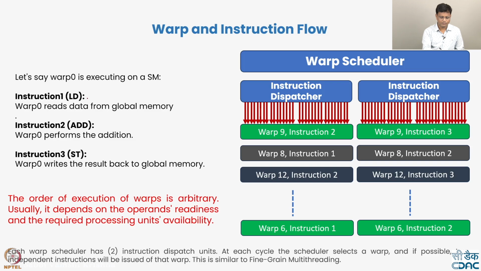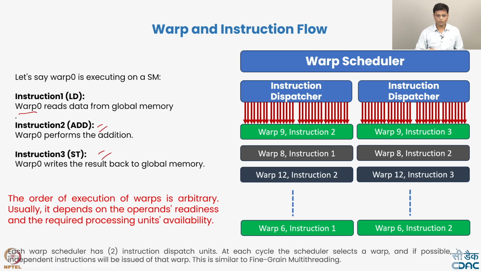Suppose I have a program with 3 instructions. Instruction 1 is a load operation, instruction 2 is an add operation, and instruction 3 is a store operation, and I am applying it on warp 0. It has 32 threads, and each thread has to perform these 3 instructions.